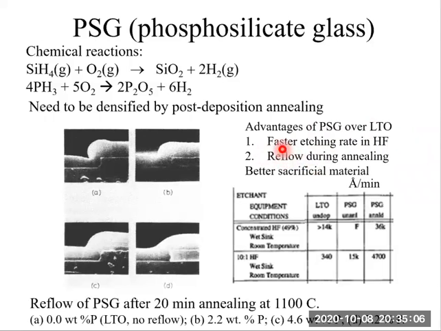First, PSG has a faster etching rate in HF, as shown in this table. PSG has a faster etching rate compared to that of LTO. Second, PSG can reflow during high temperature annealing.